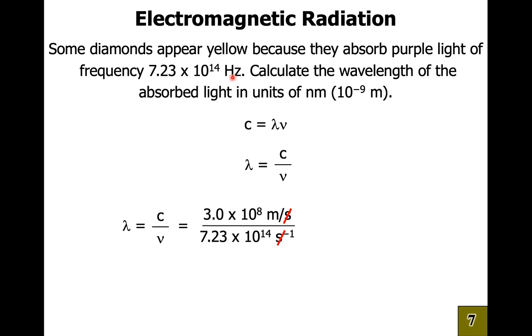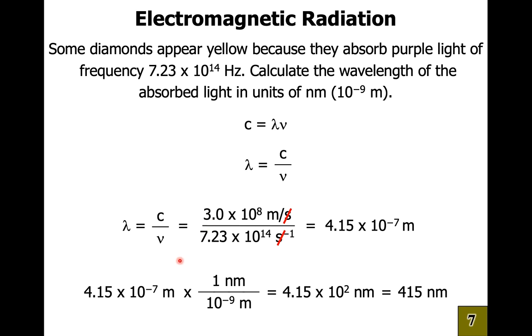Okay, this is what hertz means, a cycle per second. So we put an s to the minus 1 here, and then those two cancel, and we're left with a unit of meters, and that's good because wavelength is a length. So we go through and we get 4.15 times 10 to the minus 7 meters.